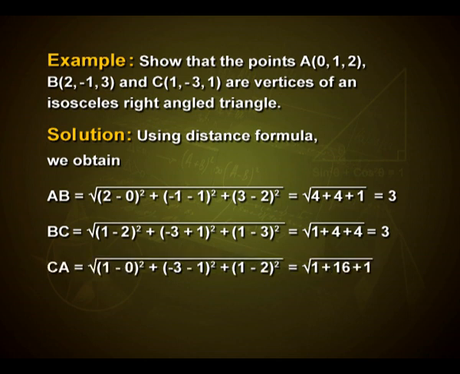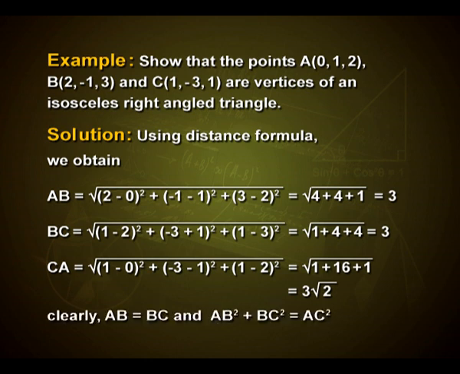CA is equal to the square root of (1 - 0)² + (-3 - 1)² + (1 - 2)², that is equal to the square root of 1 + 16 + 1, which gives us the square root of 18, that can be written as 3√2. What do you observe here?